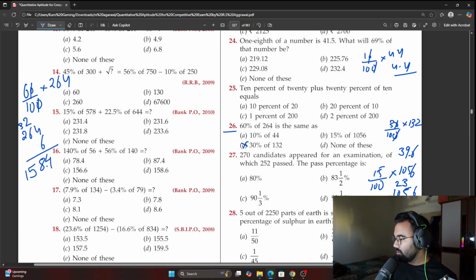Let's see. 0, 14, 5 plus 2, 7 plus 1, 8, 5. Yep, I think this should be it. Now there are 2 zeros, so 1 I can cut. All right, so I think this is the answer, B.